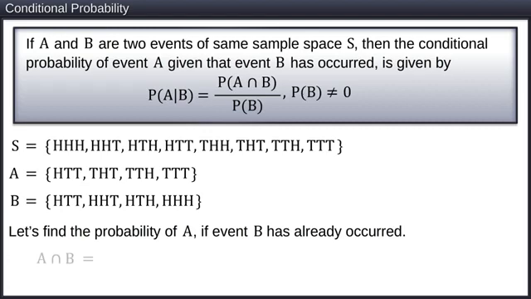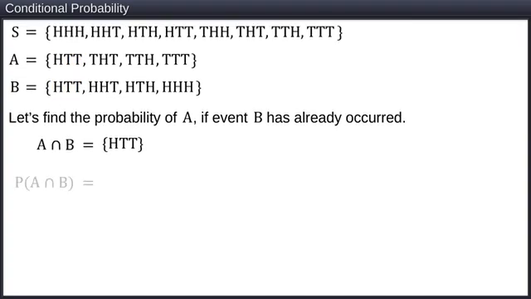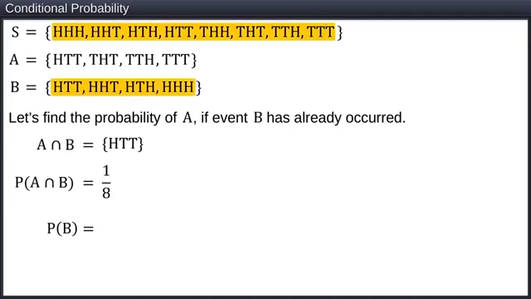Now, event A intersection B is the set of the sample points common to both the events A and B, which is HTT. Now, the probability of the occurrence of event A intersection B in sample space S is equal to 1/8, and the probability of the occurrence of event B is equal to 4 divided by 8, which is equal to 1/2.